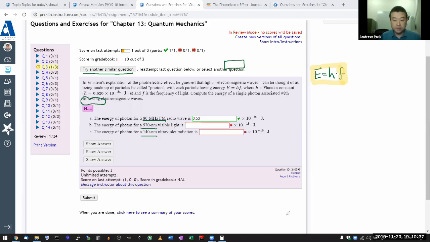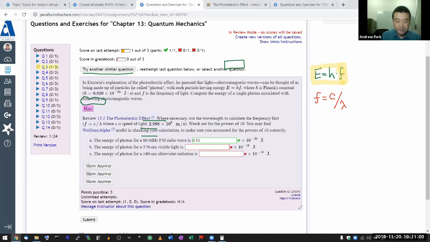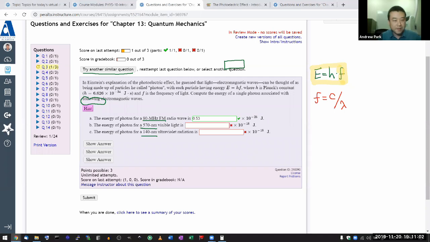That's why you need a relationship that was under the hint earlier, which tells you that frequency is related to wavelength by speed of light divided by wavelength lambda. Let me just double check. That's how I gave it to you. Yeah, frequency is c over lambda. Sometimes I give you the other form and leave it to you to do the algebra.